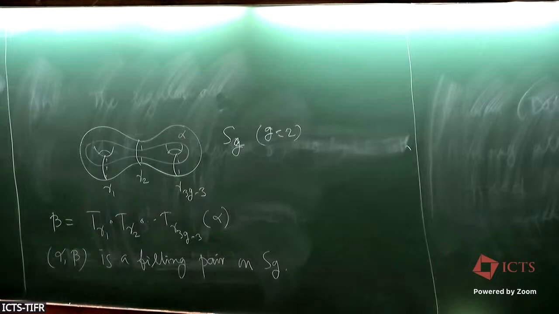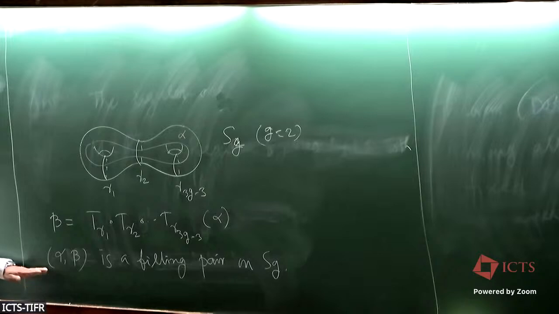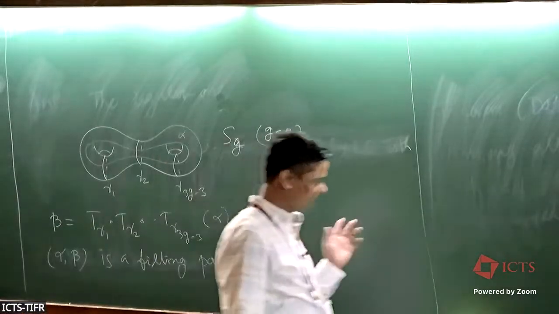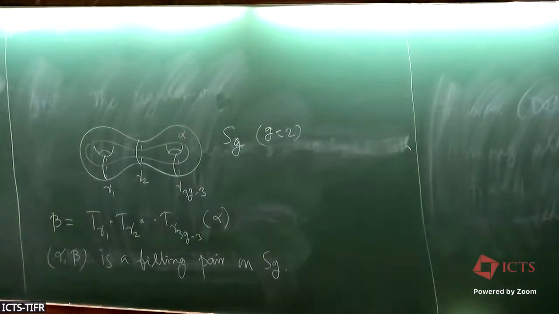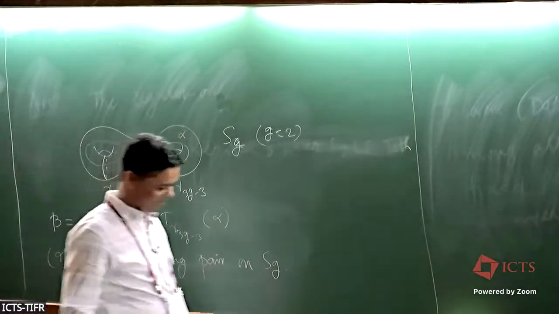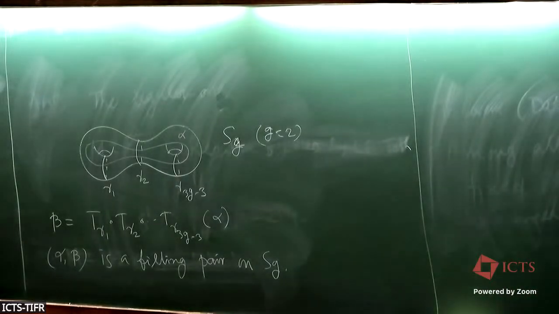That has some properties, and conversely, to a filling permutation, you will have a minimally intersecting filling pair. And also they have counted the mapping class group orbits of minimally intersecting filling pairs.